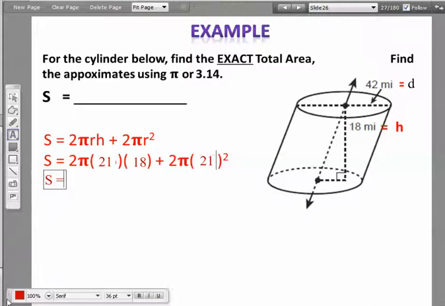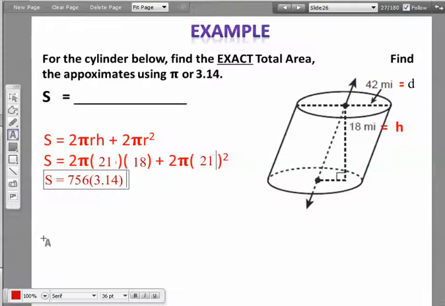And I'm going to say 2, and I'm going to have to type in 3.14 here because I don't have a pi symbol. You know what, let me do it this way. I'm going to say 2 times 21 times 18. I remember working this, 756, and then I'm going to put in parentheses 3.14.